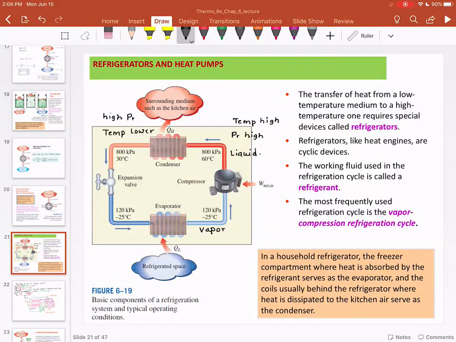Then this high pressure and lower temperature liquid, it is very important to know that here again it is liquid, gets passed through a very teeny tiny opening, and that is exactly where the liquid gets converted to low temperature vapor. So here you have low temperature, low pressure vapor. So here low pressure and low temperature.